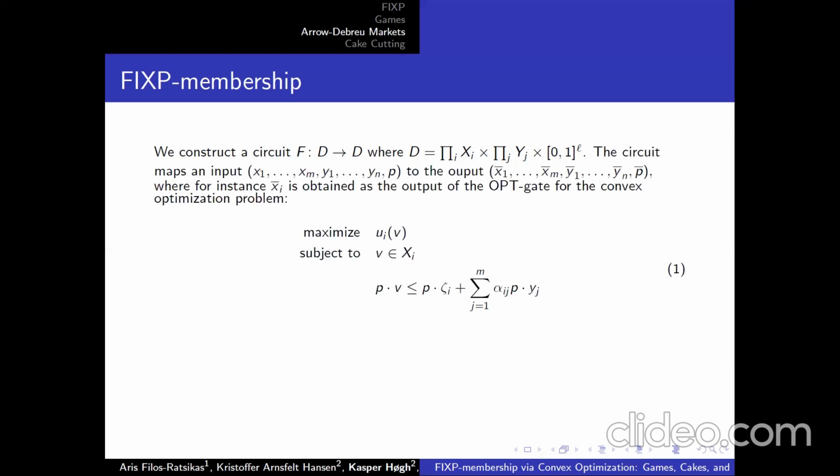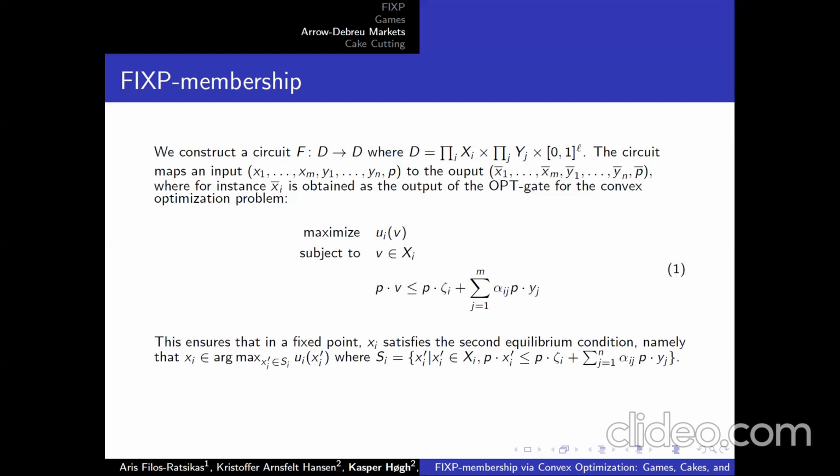And then when we have some input, we send it to some output, and the ith output is obtained as the solution to the following maximization problem. This maximization problem exactly says that if we are at a fixed point, then xi will be equal to xi bar. And that says that xi already maximizes the utility of the ith agent subject to this budget constraint.